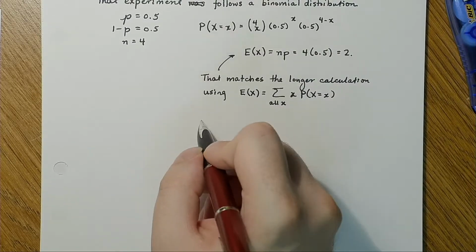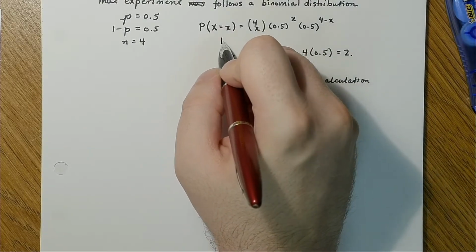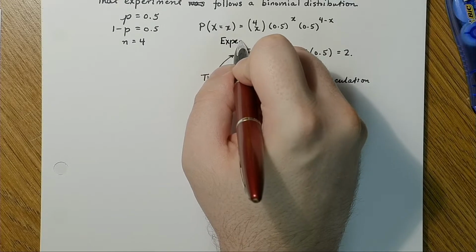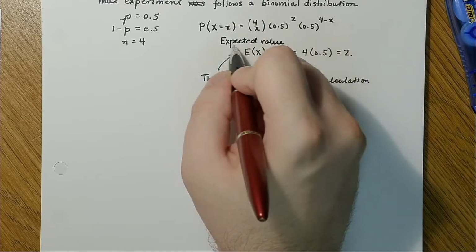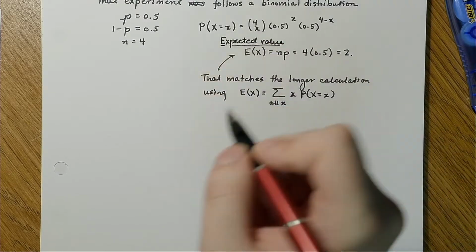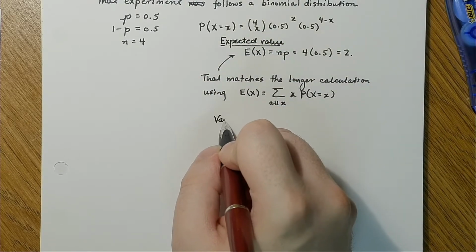So again, I could write that over here. That's the expected value. Over here we have the variance.